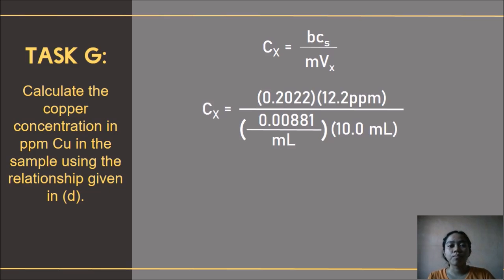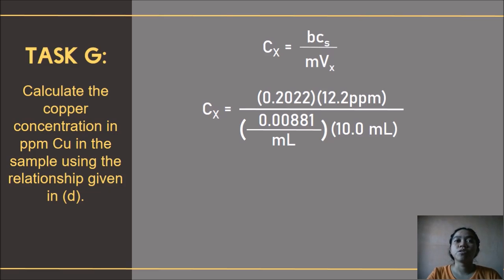For the intercept, which we solved for, it is 0.2022. Multiply that by the given concentration of standard in the problem, which is 12.2 ppm. Divide that by the slope, which is 0.00881, and the volume of the unknown, which is 10 ml, given in the problem itself.